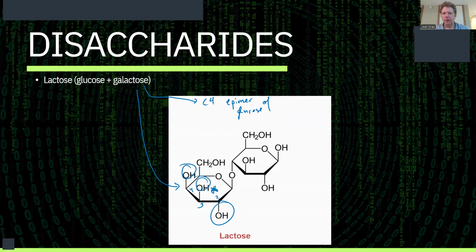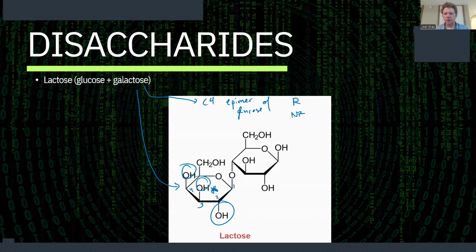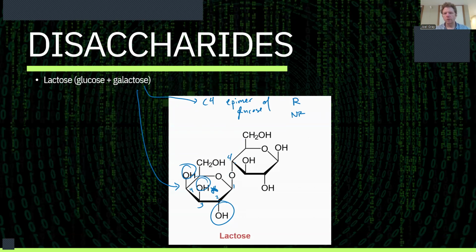Now I'll give you a second to think about it: what type of sugar is this? How can I describe my glycosidic linkage? And is this reducing or non-reducing? Okay, so first of all, we know that it's a glycosidic linkage. That glycosidic linkage is right here. Our anomeric carbon on galactose is right there. This is carbon number 4 on glucose. So that's a 1,4 glycosidic linkage, and this is a beta 1,4 glycosidic linkage.